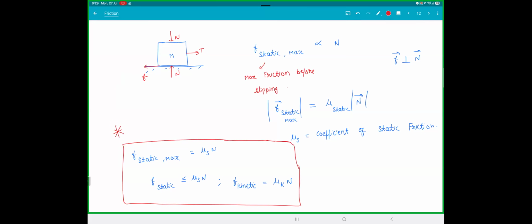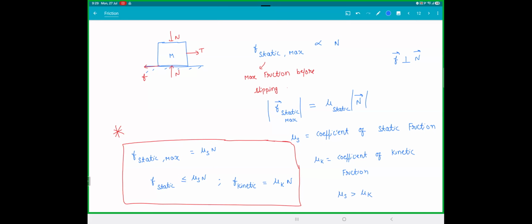Fs max and Fs are not the same. I'll tell you something about it. This is the coefficient of kinetic friction. There's also something called rolling friction, we'll see later on. Mu s is greater than mu k. We saw the reason why.